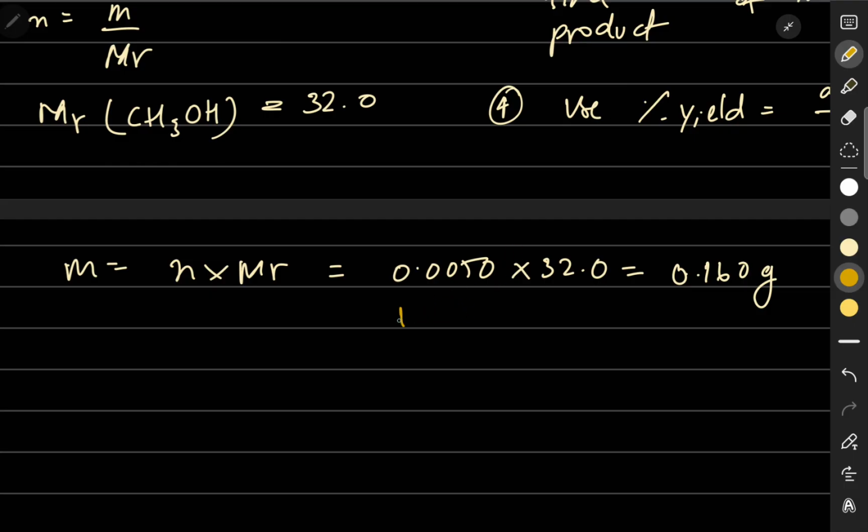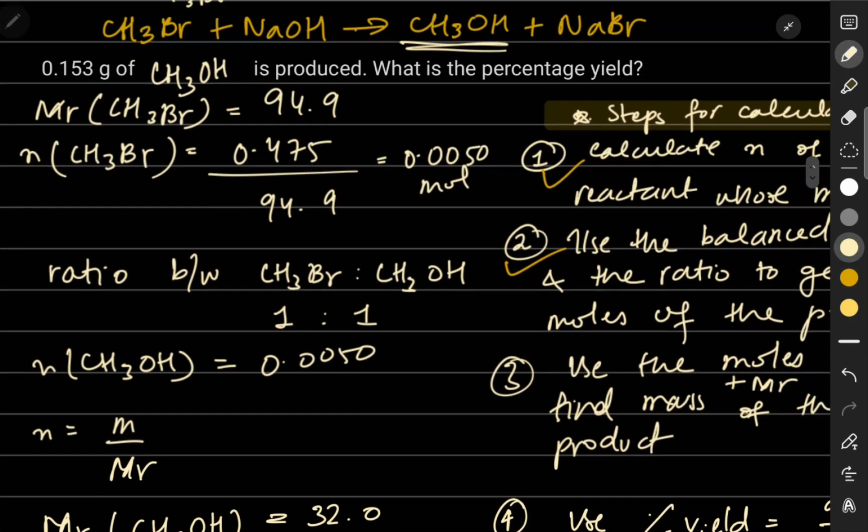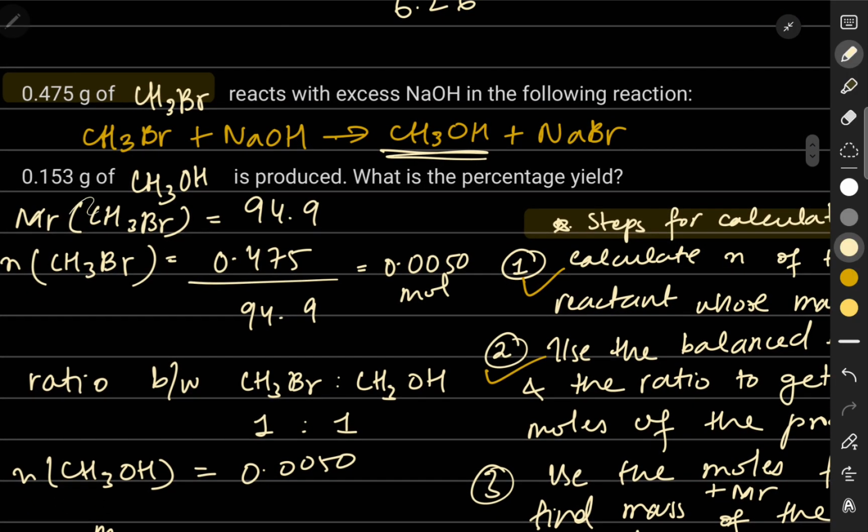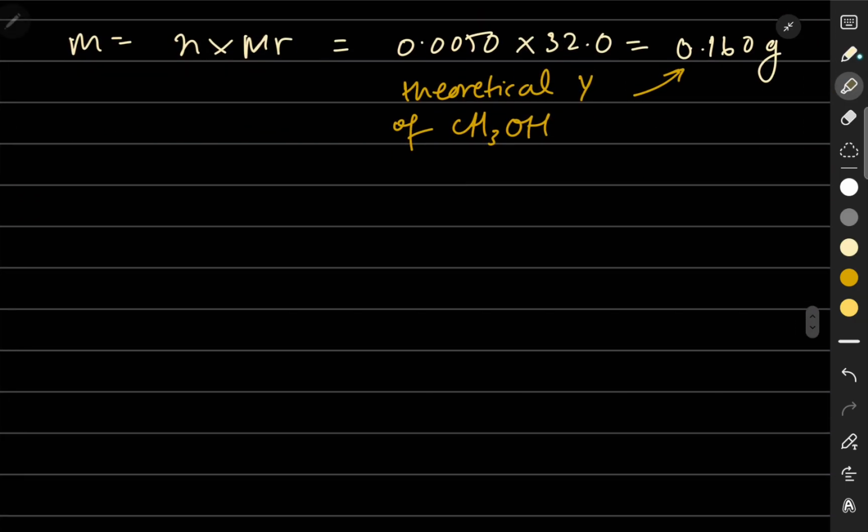Now, this is the theoretical yield of ethanol. Once I have the theoretical yield, I've already been given the actual yield. This is the actual yield. Okay, 0.153 grams of ethanol is produced. So now I can use the actual yield and the theoretical yield to find the percentage yield.